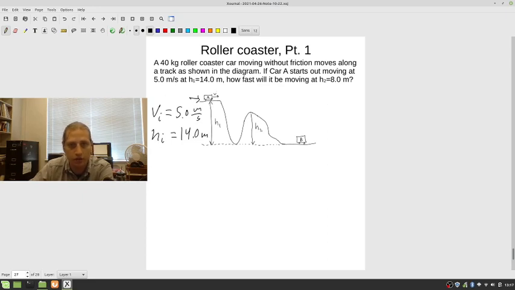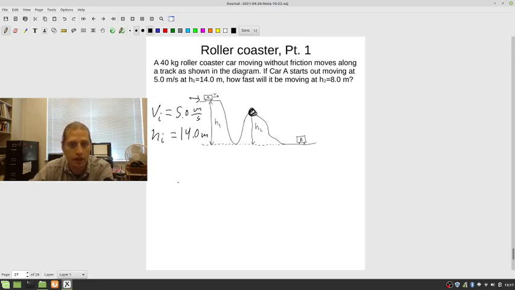Then it goes down, it gets faster, it comes up, it's getting slower, but it doesn't go up as high as it originally did. I'm asking how fast is the car going when it's right at that point I've identified right there.